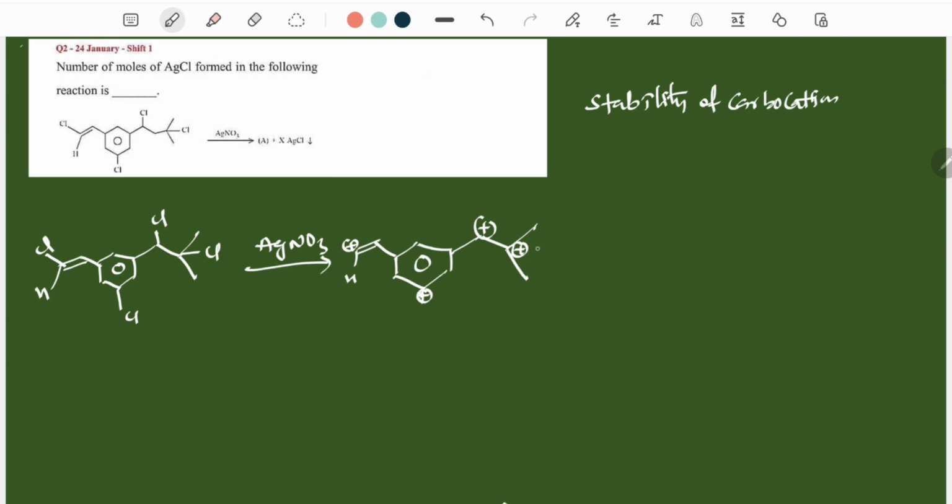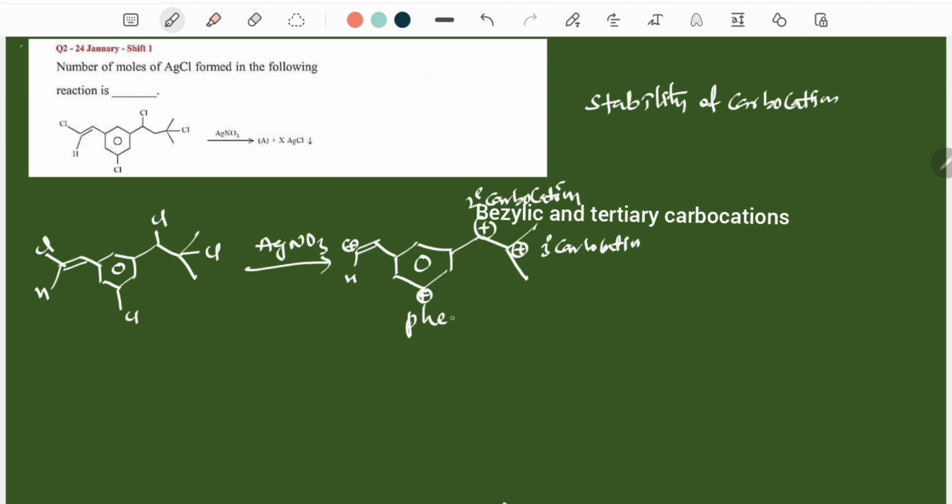This is the tertiary carbocation. It is a secondary carbocation. It is a phenyl carbocation. It is a vinylic carbocation.